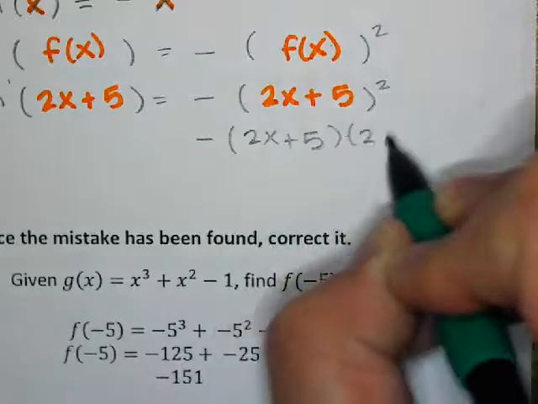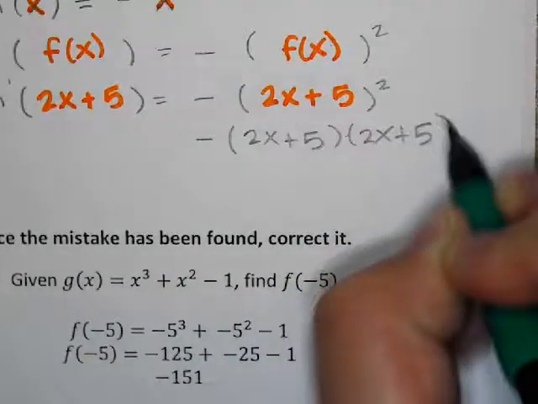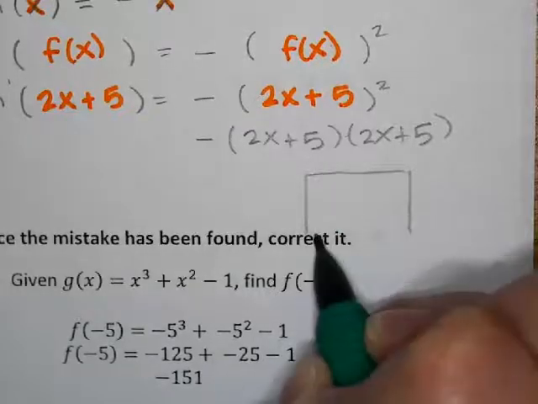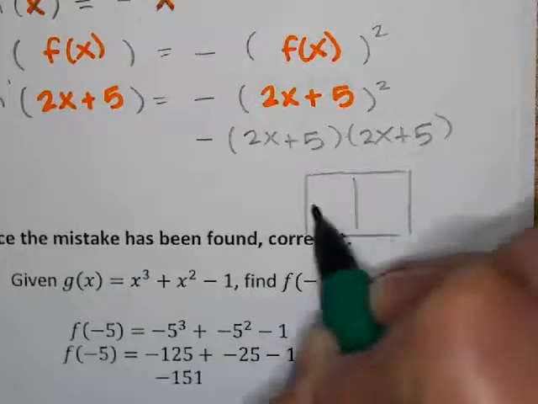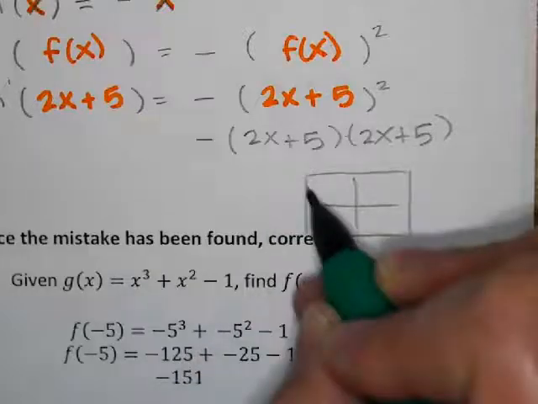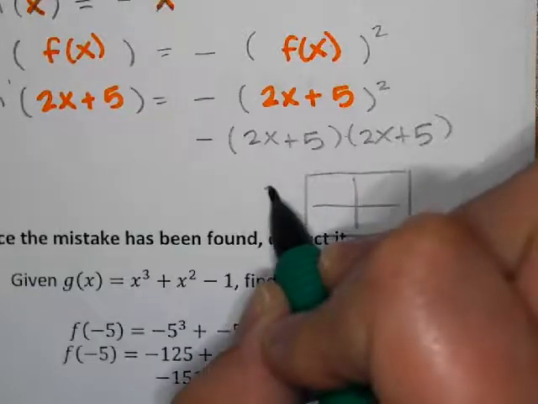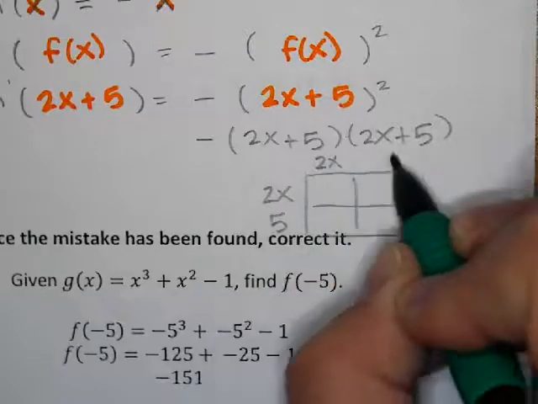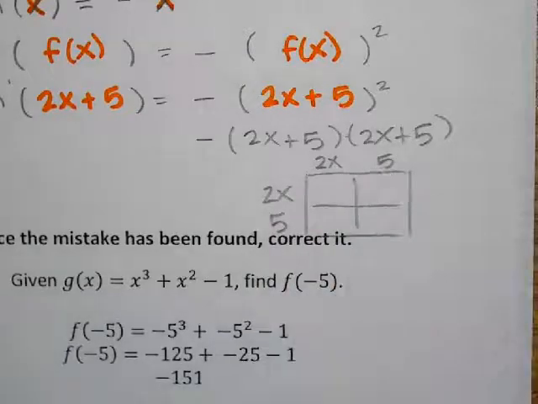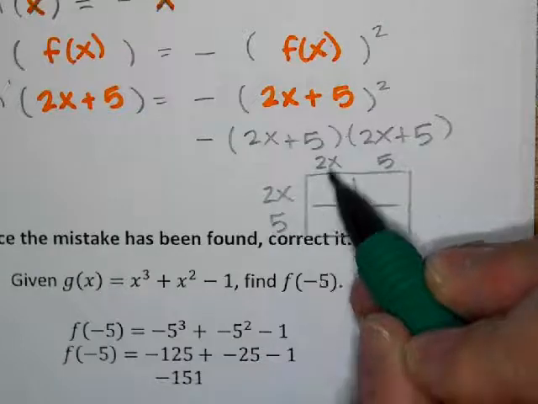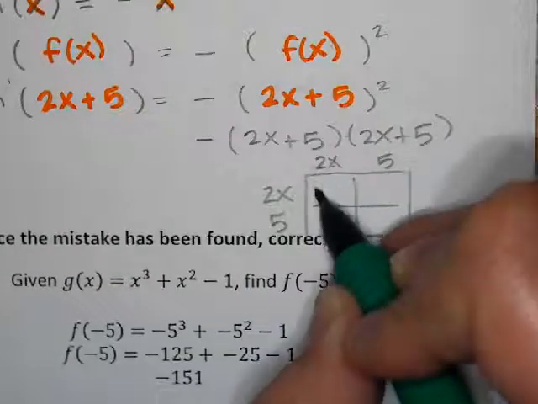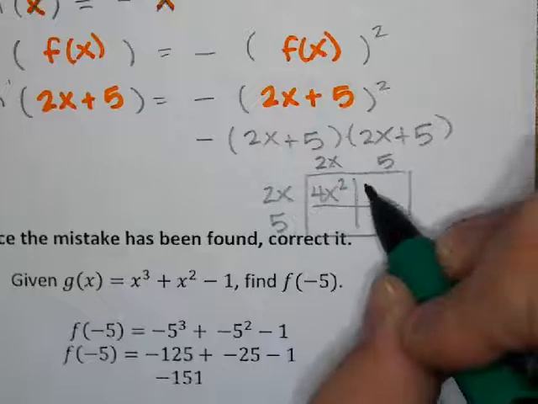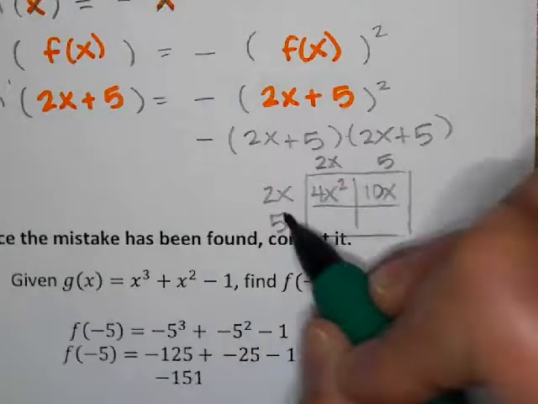So if we do the box, we have 2 terms multiplied by 2 terms, so I'm doing a 2 by 2 box. And I got 2x and positive 5, 2x and positive 5. So 2x multiplied by 2x is 4x squared. 2x times 5 is 10x. 2x times 5 is 10x. 5 times 5 is 25.